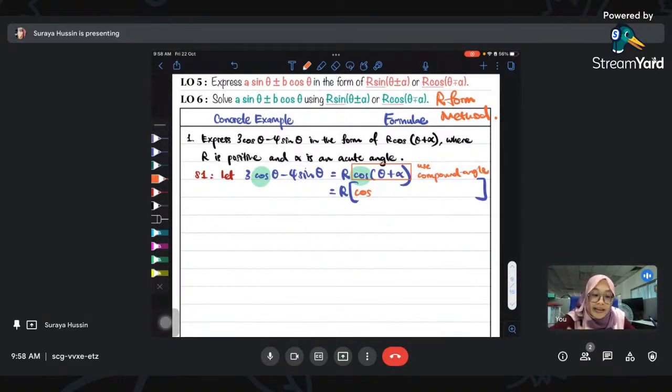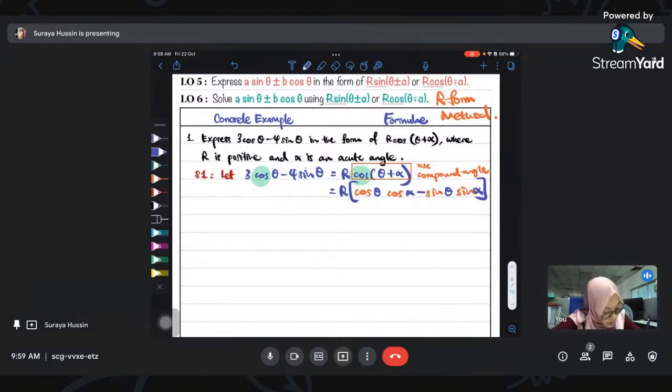And you remember I sing that song, cos, sin, okay? So how you remember this formula, cos, sin. It's not that hard, isn't it? And then you put theta alpha. And then kalau sini plus, sini mesti minus. Okay, so here goes minus.